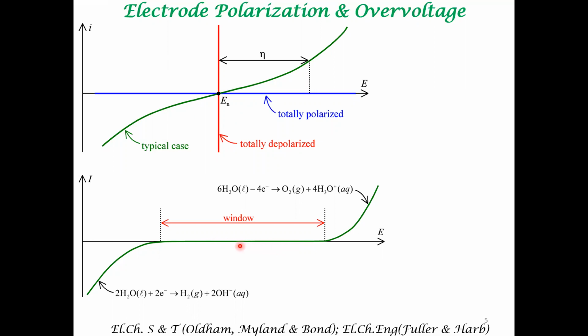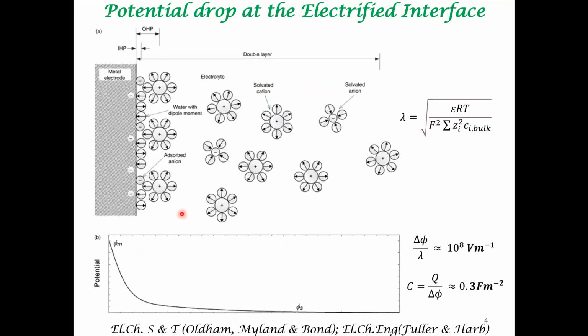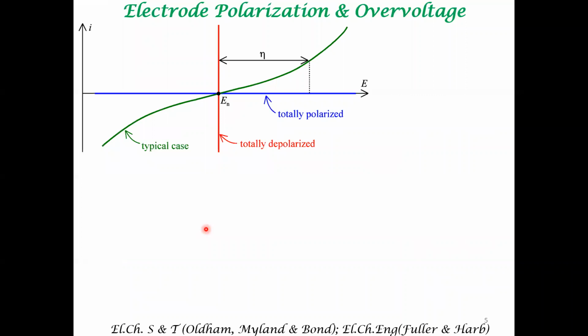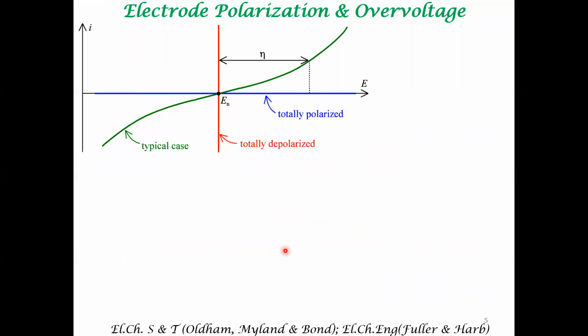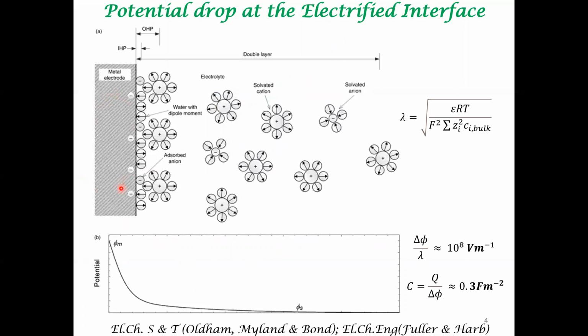So when the electrode is polarized, there is charge polarization across this electrode-electrolyte interface. What do we mean by that? When we are in this regime, as we change the electrode potential, we are in effect changing the amount of charge stored on the electrode.